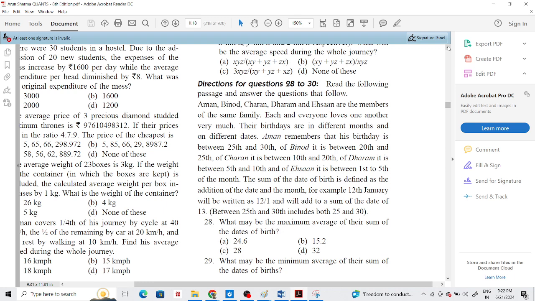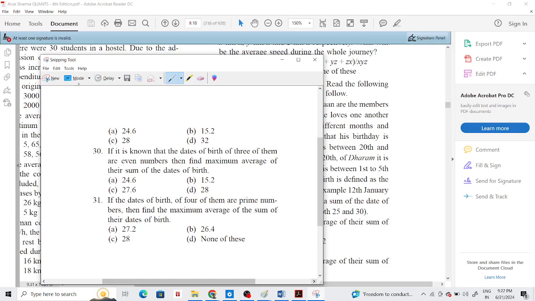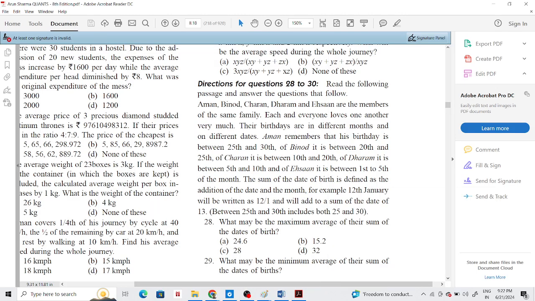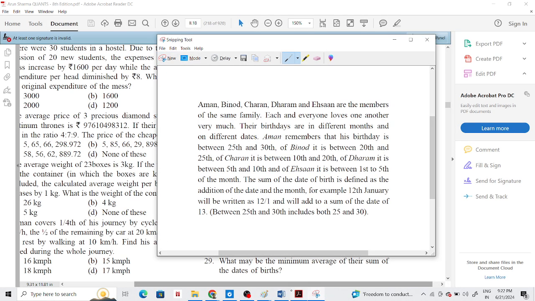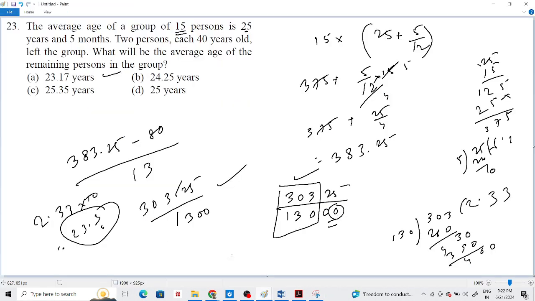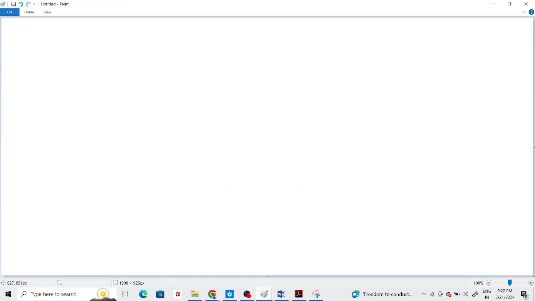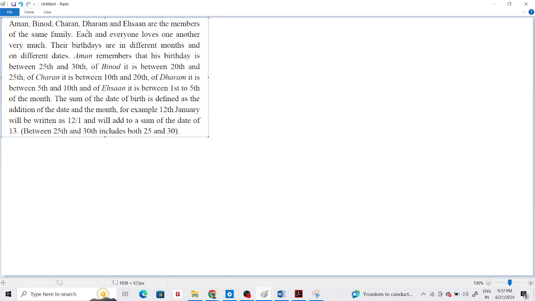So what are the important information? Their birthdays are in different months, and on different dates, this is also important.